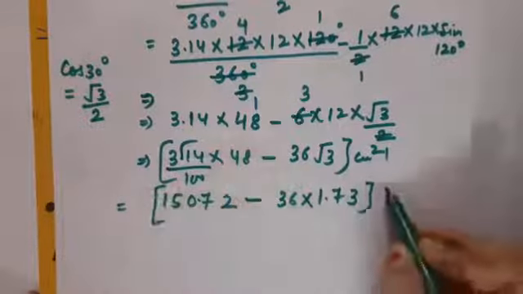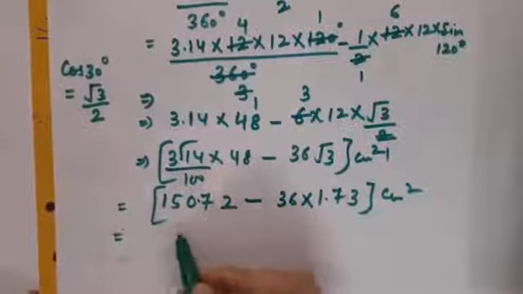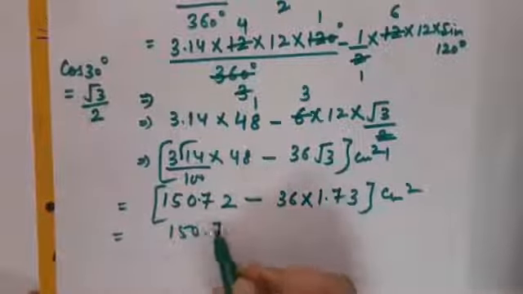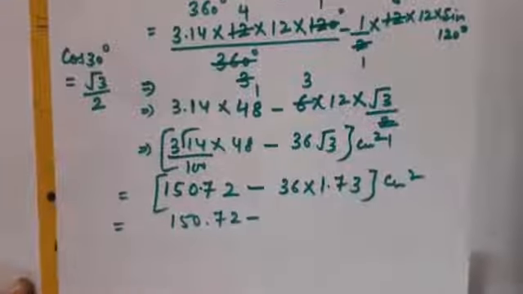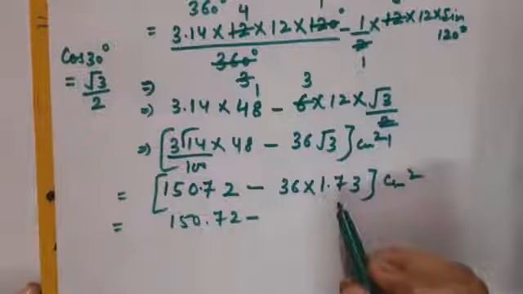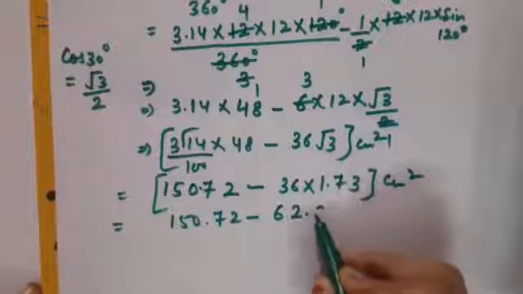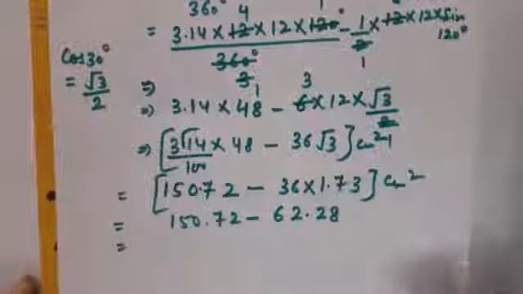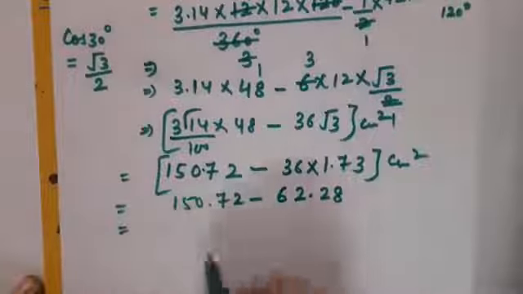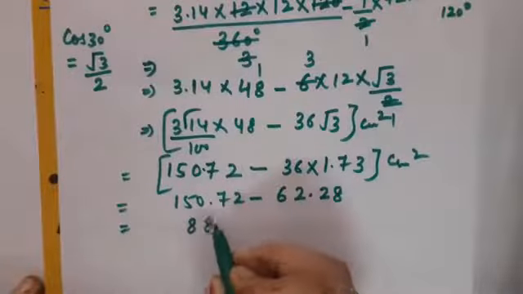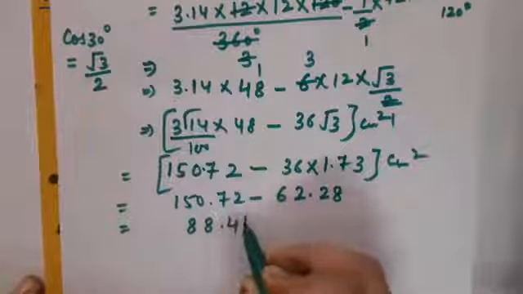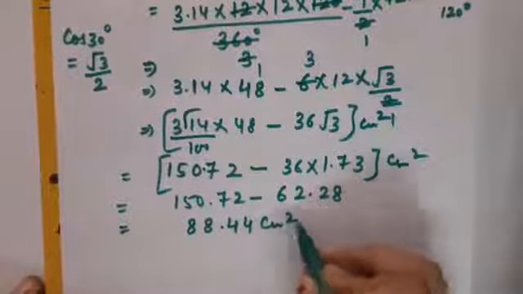Outside the bracket, you will be writing centimeter square. It will become 150.72 minus. Let us multiply 36 by 1.73. You will be getting 62.28. Clear? Now children, after subtracting them, I will be getting 88.44 centimeter square.